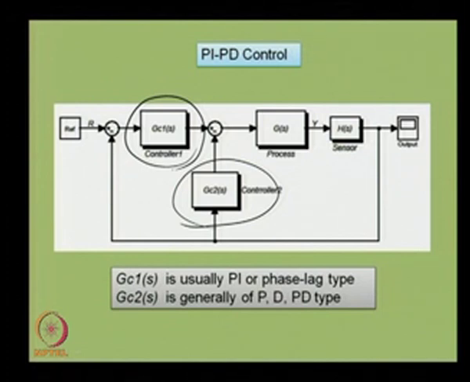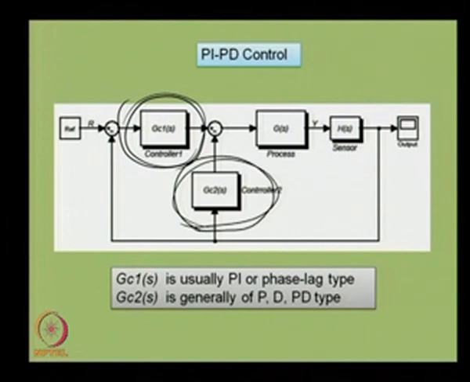For that reason, there is the need for this PIPD controller, where we shall have a PI controller in the feed forward path and a PD controller in the feedback path.